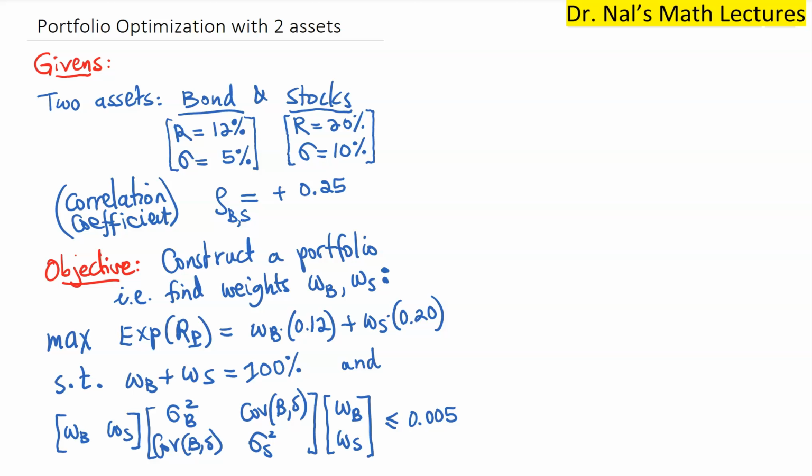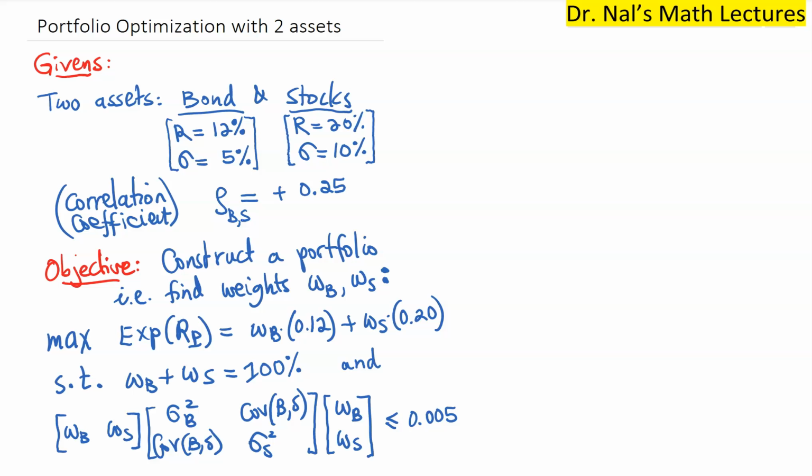Anything between -1 and +1 shows some sort of correlation between bonds and stocks, but not perfect correlation, either positive or negative. In the case of even when it is 0, it means there's some sort of correlation. Well, I should revise that. Even though there's no correlation, it will have a bearing on the way we solve the problem.